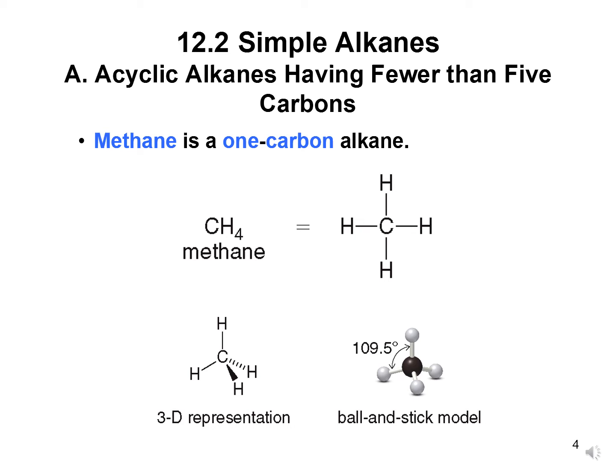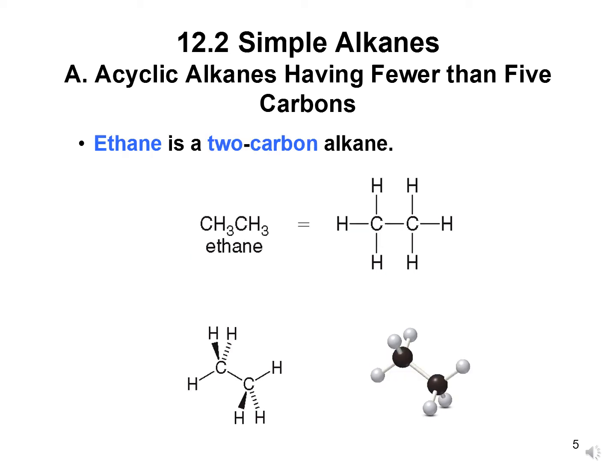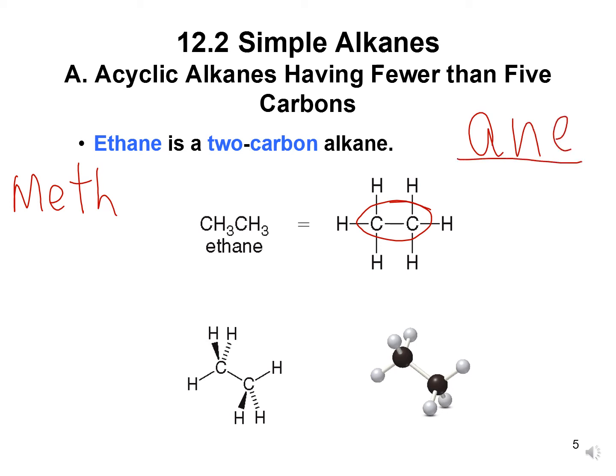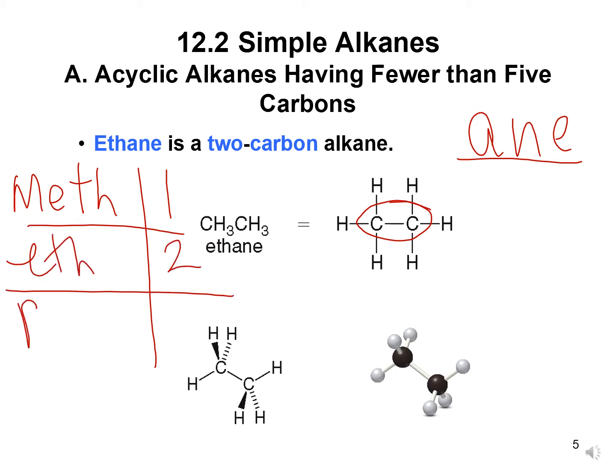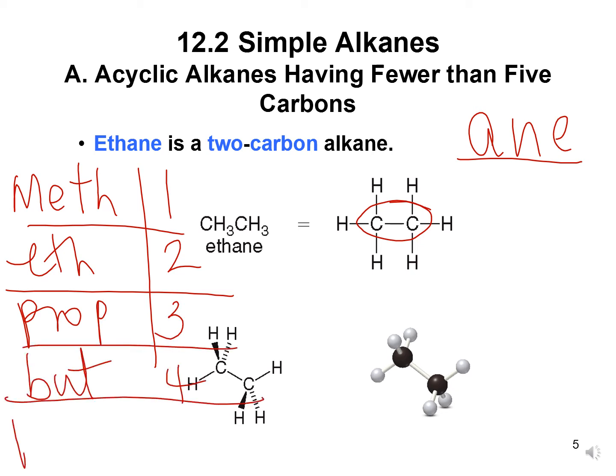Again, simple alkanes include methane, ethane with 2 carbon atoms, and we notice that there is a pattern. We have the A and E to indicate the alkane, we have meth to indicate 1 carbon atom, eth to indicate 2 carbon atoms, prop to indicate 3 carbon atoms, but to indicate 4 carbon atoms, pent to indicate 5 carbon atoms.